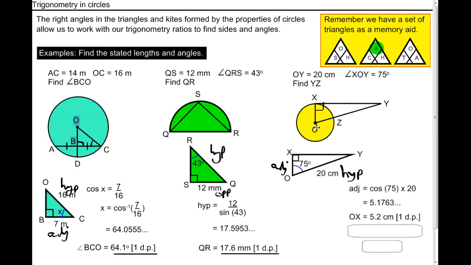So I know OX, the radius of this, is going to be 5.2. I know the line YZ is going to be the whole of this side, take away the radius. So, using my numbers, I've got the whole of this side's 20, the radius is 5.2. Subtracting them tells me that YZ is going to be 14.8 centimeters.